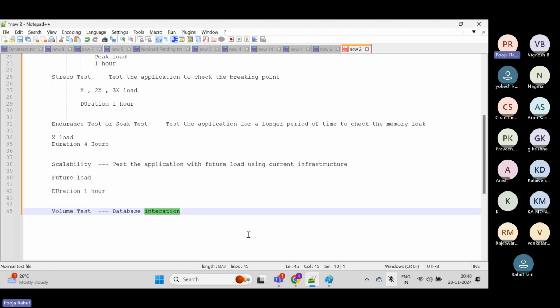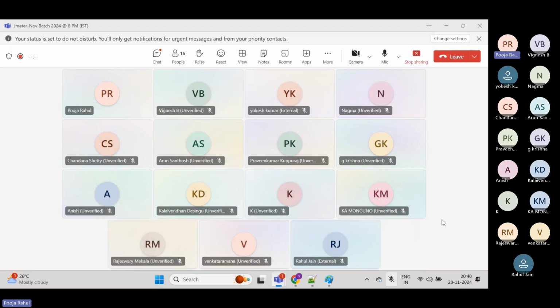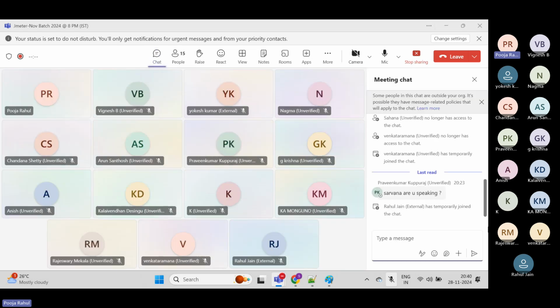That scenario is having a lot of database interaction: insert, update, delete, select. A data-intensive scenario is when you will prefer to do volume testing.